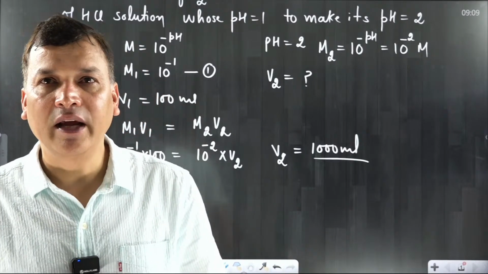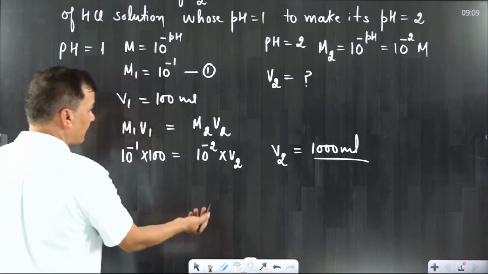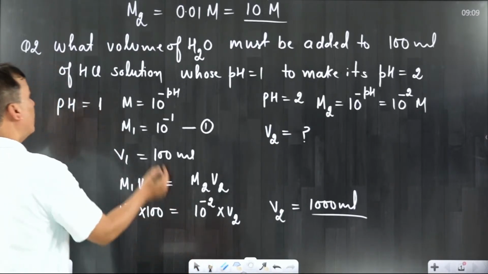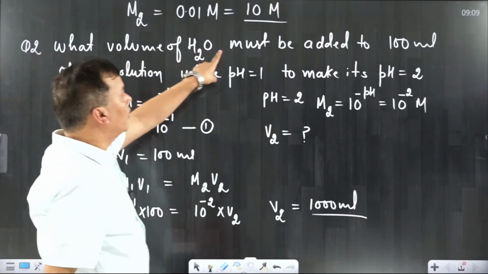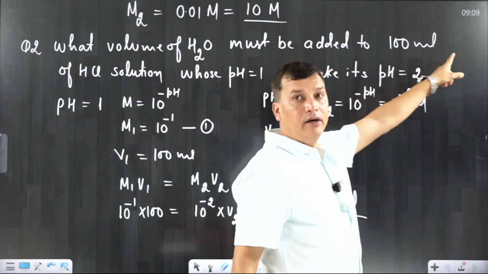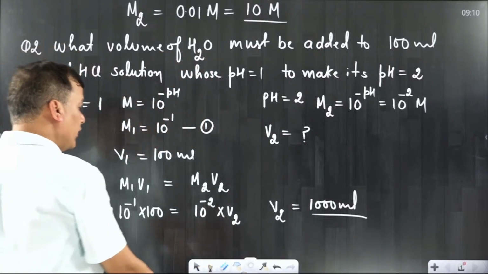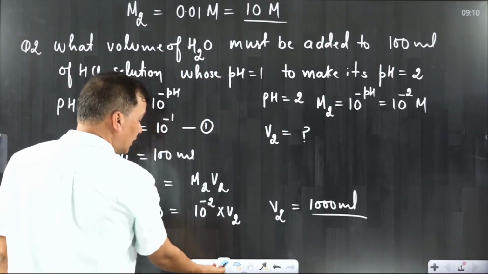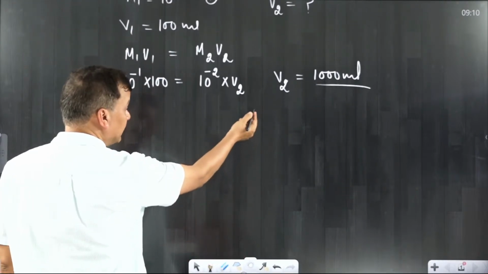No, dear student. In the question, if you will see, I am writing here the question: what volume of water must be added to the 100 ml? Now we have V1 is equal to 100 ml, V2 is equal to 1000 ml.